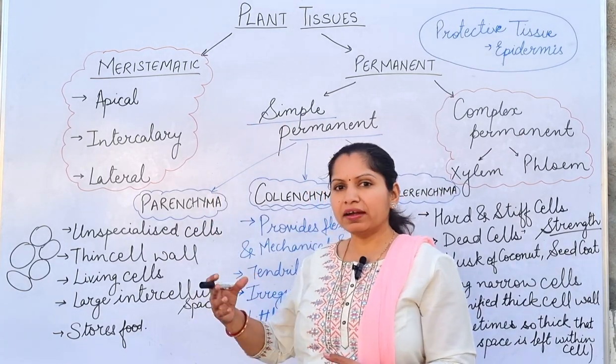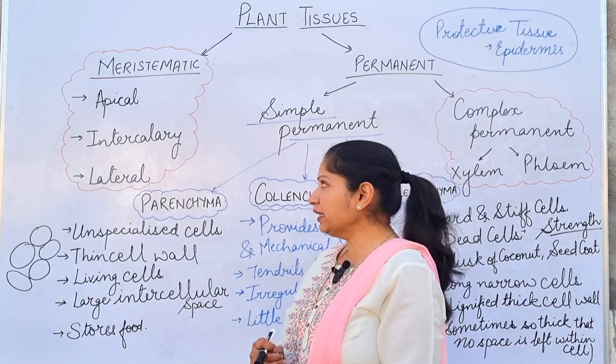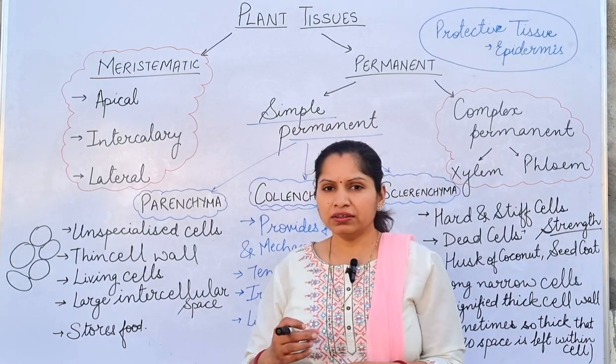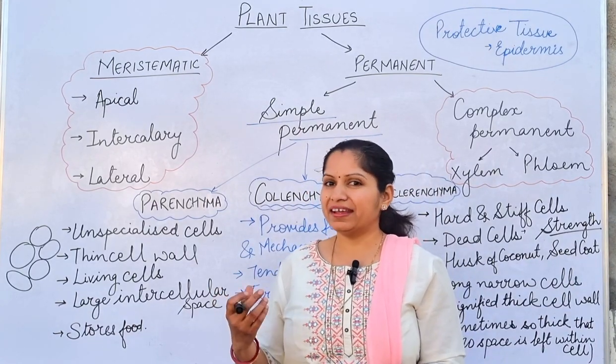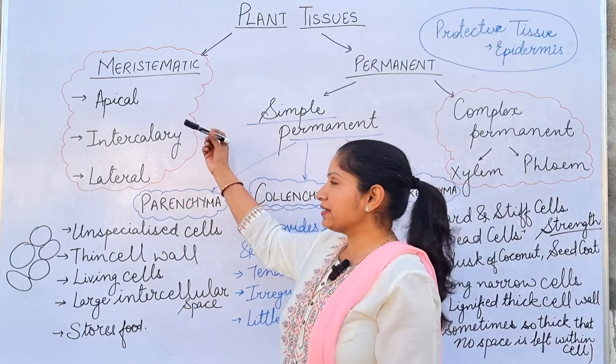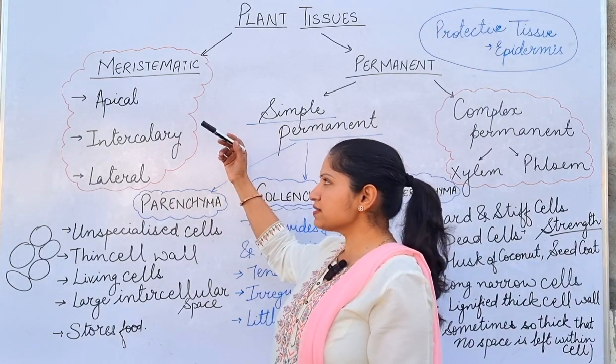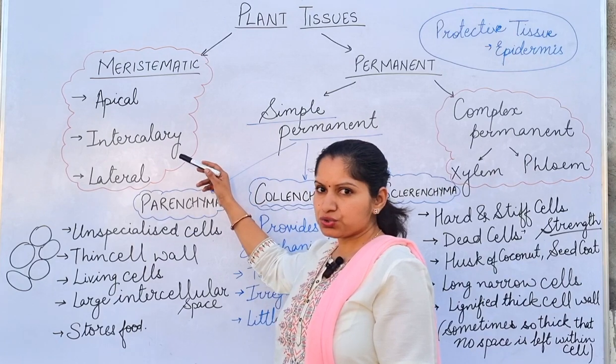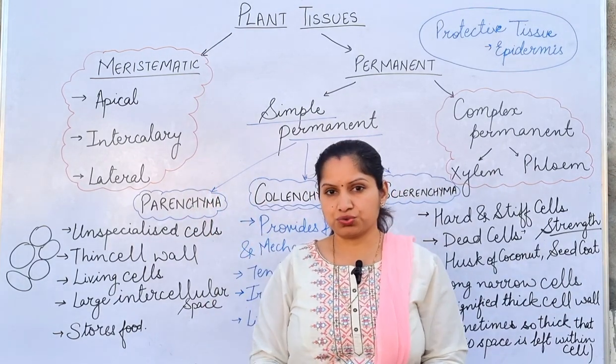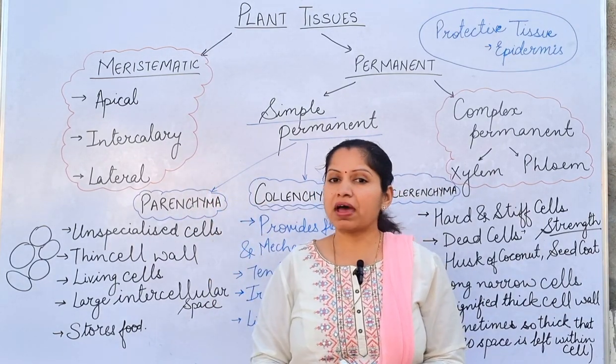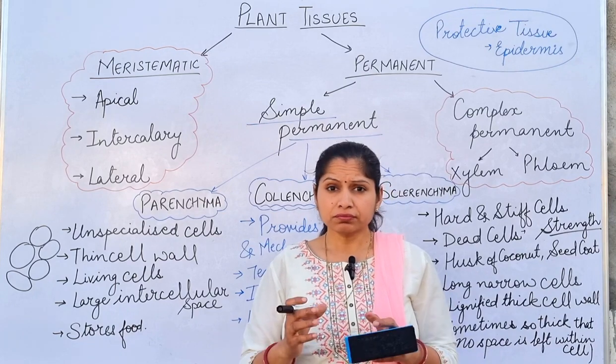Based on the part of the plant where they are present, they are further classified into three types: apical meristematic tissues, intercalary meristematic tissues, and lateral meristematic tissues.